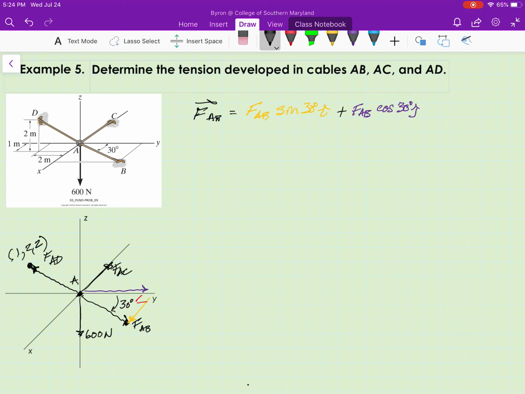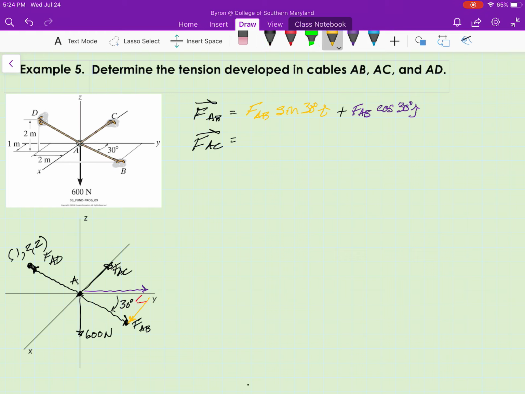Let's move on to FAC. That's an easy one. FAC only acts in the negative x or I direction.